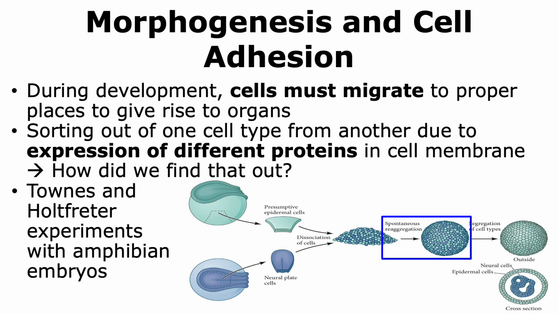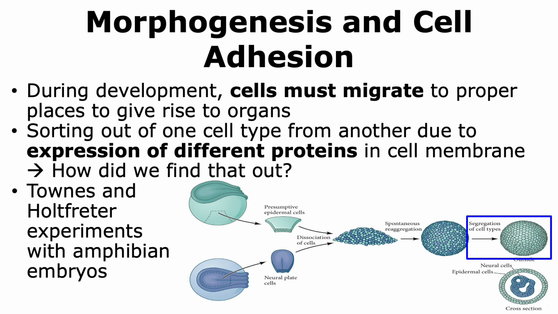What they found was that the cells that were dissociated from one another actually with time started to reaggregate, but in this ball-like or sphere-like structure that you can see in the blue box. When we look at the type of cells and where they came from, they were all uniformly mixed together.